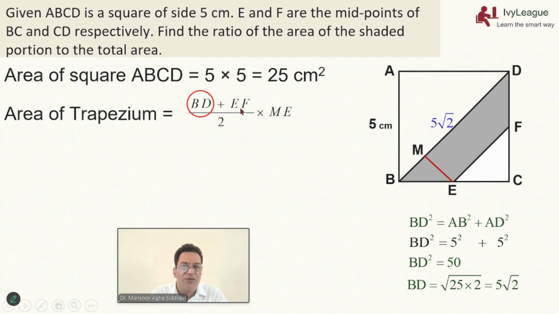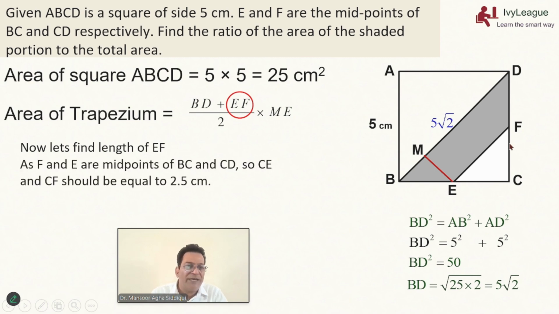In a similar manner, now we need to find out EF, this particular part. So we already know that F and E are midpoints of DC and BC. And length CF and length CE should be equal to 2.5 centimeter, which is half of 5 centimeter, because this whole side is 5 centimeter. So half of this distance should be equal to 2.5 centimeter. So these two sides are 2.5 centimeter.